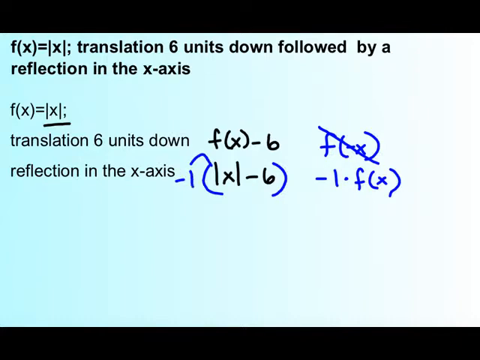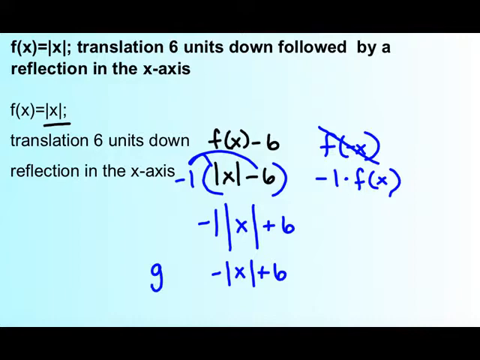Remember, you can't distribute inside the absolute value, so that's -1 times the absolute value of x. -1 times the -6 is a positive 6. Remember, -1 times the absolute value of x is the same thing as negative absolute value of x, plus 6. And then we give it some new notation, g of x.